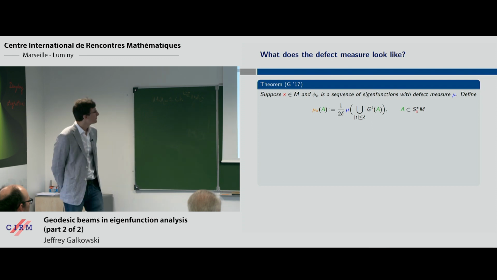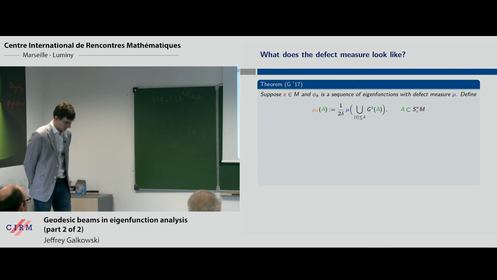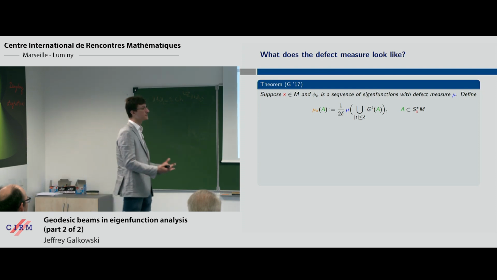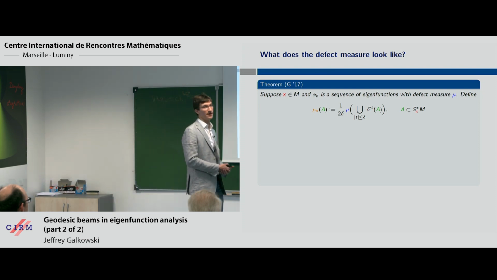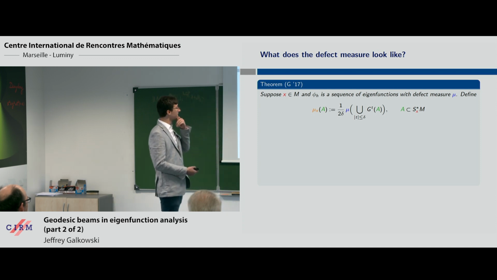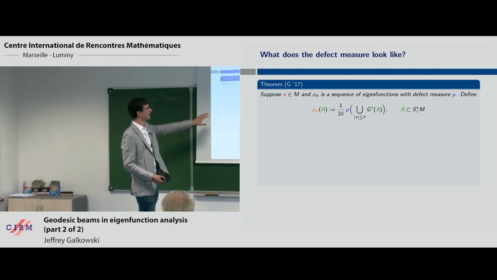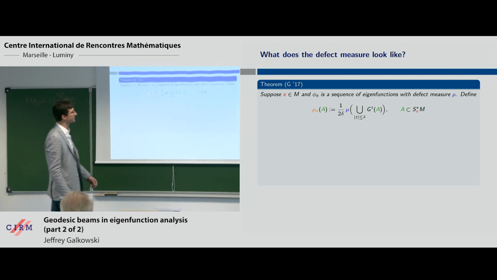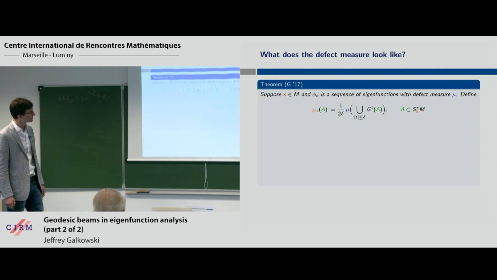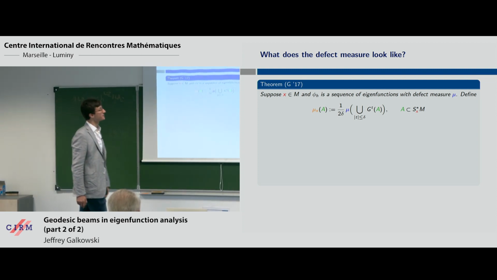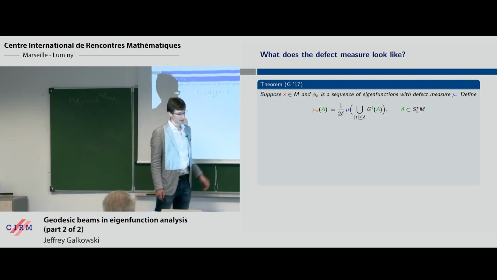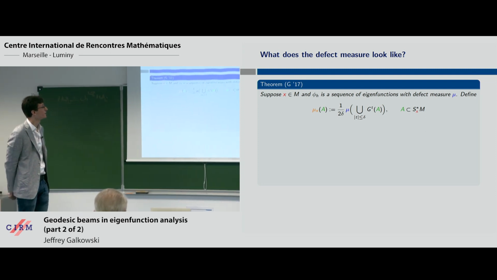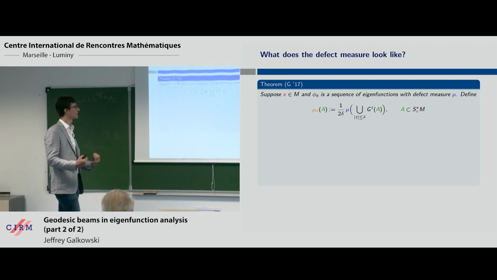So how do you want to think about this defect measure? You want to take the piece of it which looks like the zonal harmonic. We're going to assume we have some defect measure, telling you how much energy or mass there is at certain points in phase space. You take some subset of directions over your point, and you find a directional energy density.